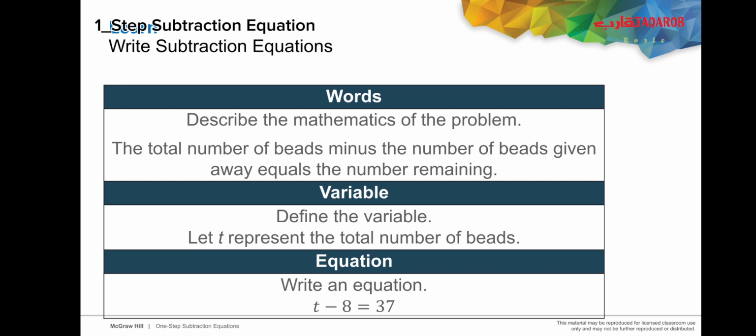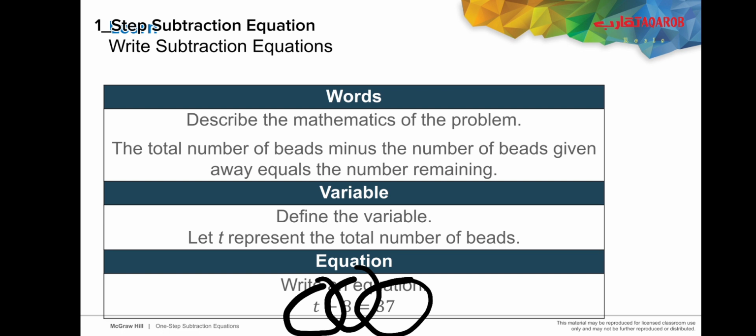So as you can see here, there is a variable, which is actually the total number of the beads, unknown. So the variable here represents the unknown. There is the number 8, which represents the number of beads given, and there is a number 37 that represents the number of beads left, what she has now with her.